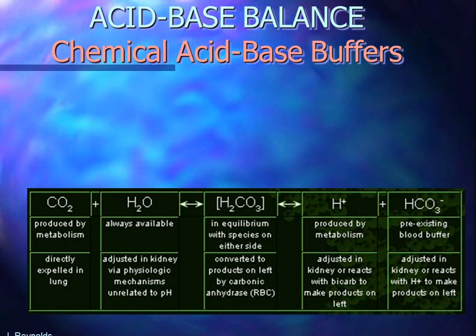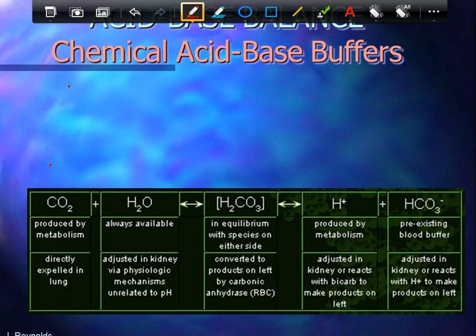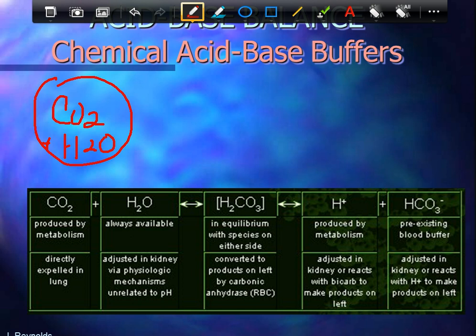All right, chemical acid-base buffers. You've seen this before. Here's your formula. Let me take you through it. The cell undergoes aerobic respiration. It makes carbon dioxide. It reacts with water.